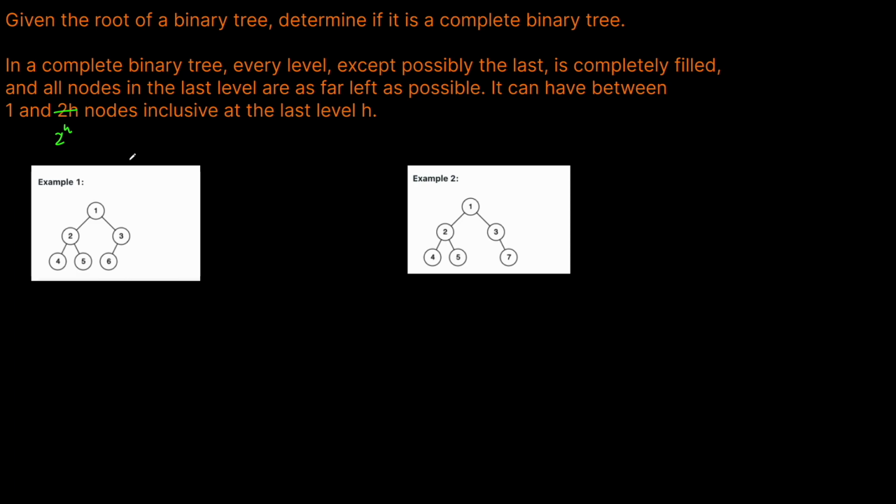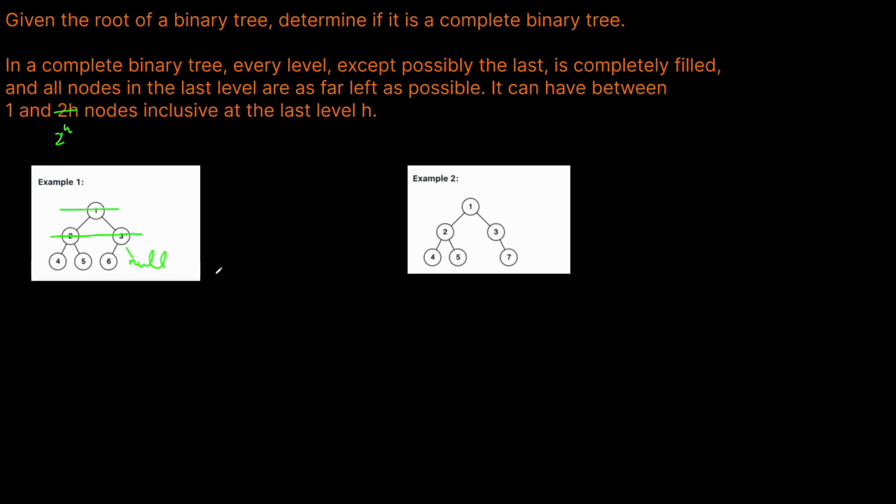So, okay, let's look at an example. Is this tree a complete binary tree? Well, let's look at the criteria. Is every level filled completely? This level is filled completely because there's no nulls. This level is filled completely. This level does have one null.